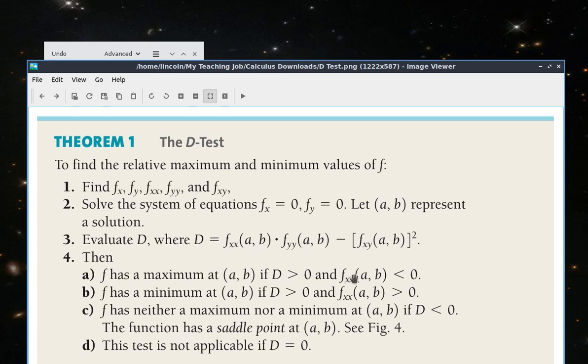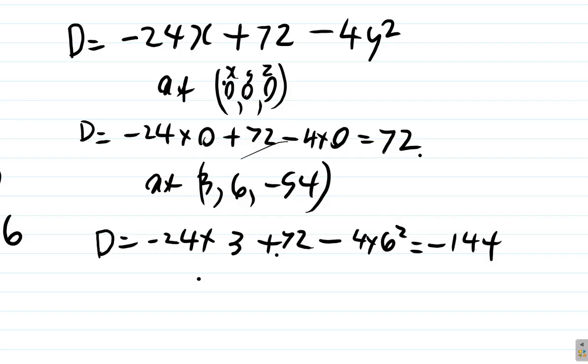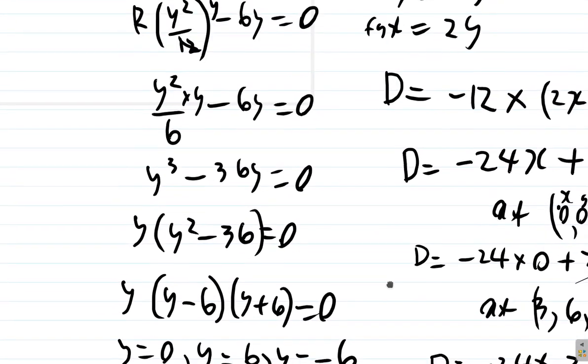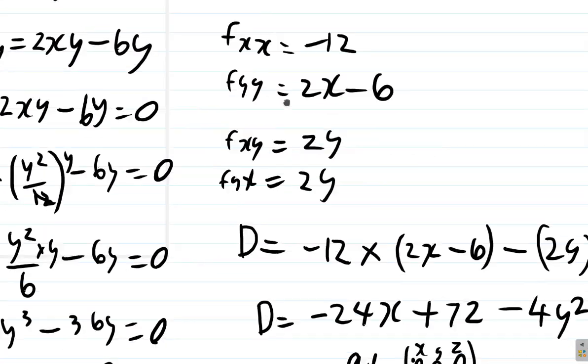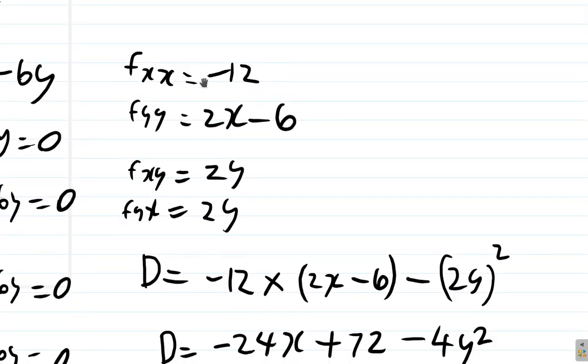That means we look at fxx and substitute the values in it. fxx was negative 12. So fxx is less than 0.